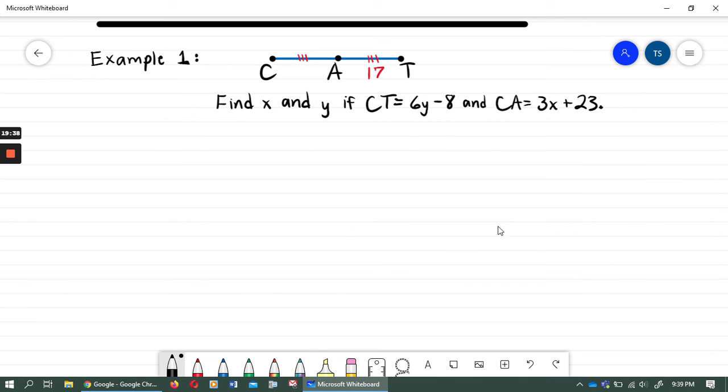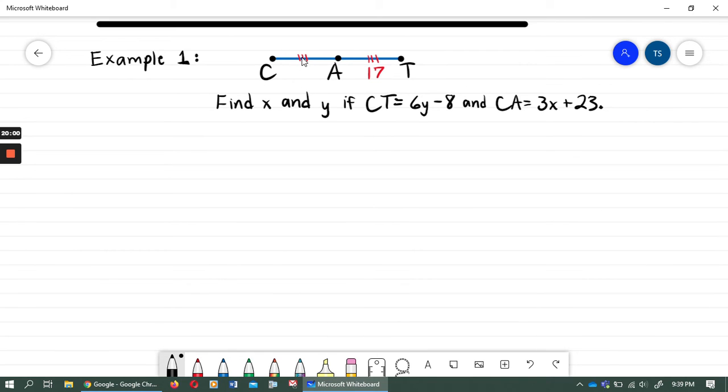All right, so here we go. Example 1. You see that diagram right there, the three points C, A, T? And you see those little tick marks. We just said those were congruency marks.